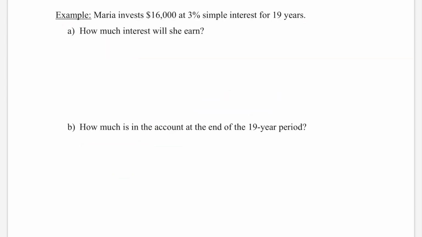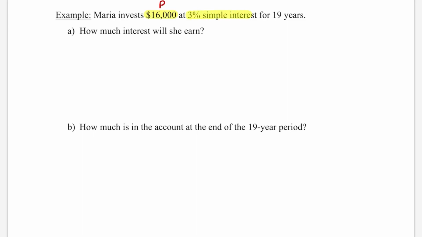Next example, Maria invests $16,000 at 3% simple interest for 19 years. The original amount of money that Maria has is $16,000. Simple interest of 3% per year and total of 19 years. So my principal is $16,000.